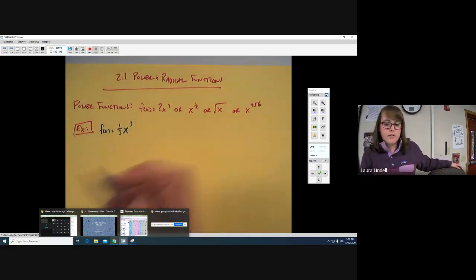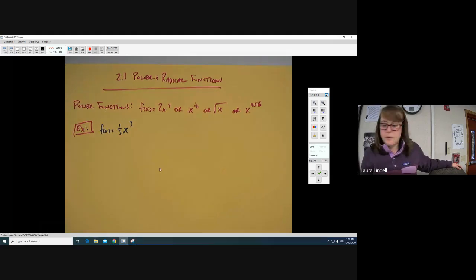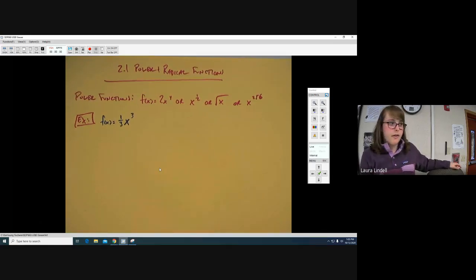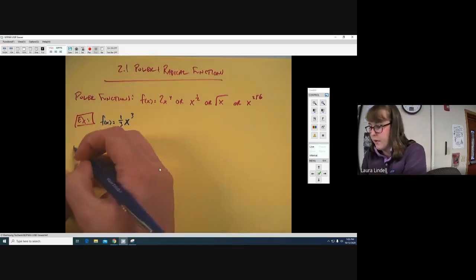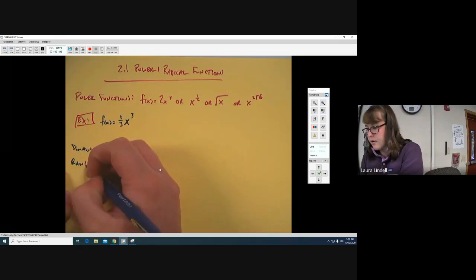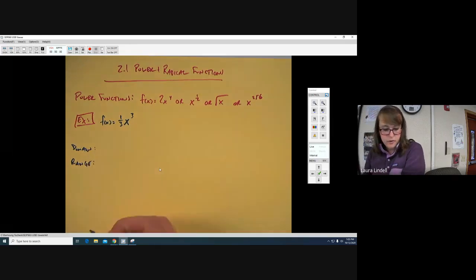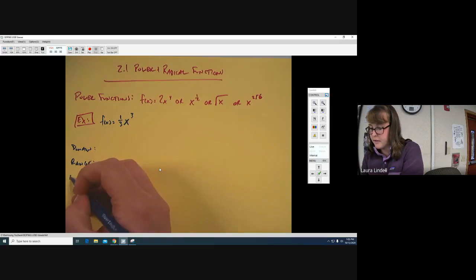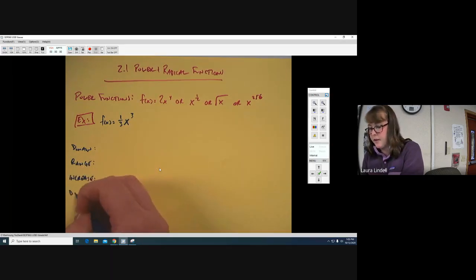So if we were going to graph and analyze 1/3 x to the third, we could graph it. Desmos would be a good option, or a TI calculator for graphing. And the things that we're going to be asked are pretty much the same things that we've been asked to find in Chapter 1. Things like domain, range. So I'm just going to write down all the things we want to find over here. Intervals of increase. Intervals of decrease.